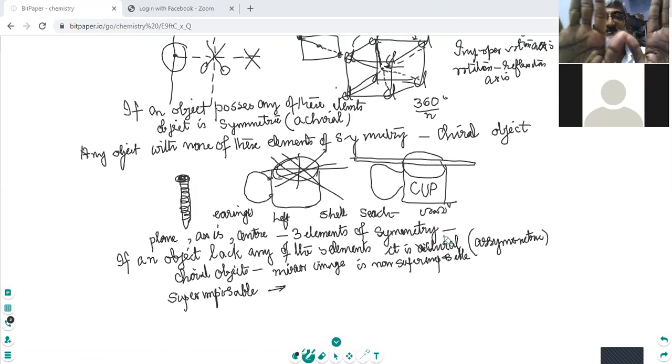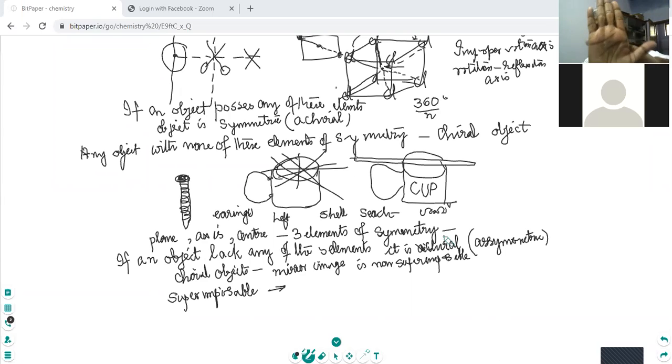Now do one thing. Try to superimpose one above the other. Now, what is the meaning of superimpose? Look very carefully at the four sides of this object, this hand. This is one side. This is another side. This is the palm side, and this is the back side.